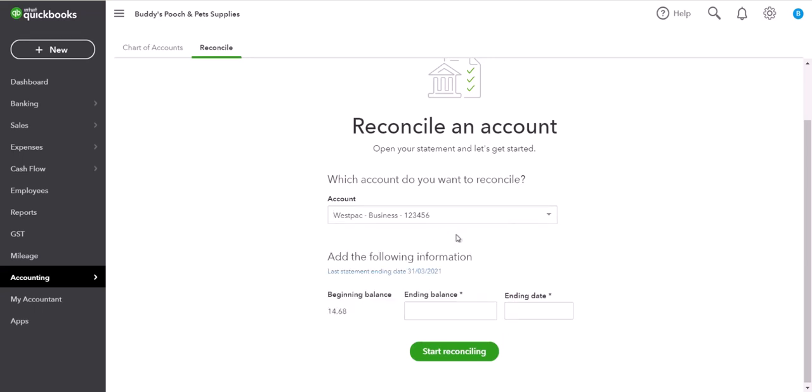It tells me that the last time we reconciled to this statement was the 31st of March 2021. So we are going to process a reconciliation for the whole entire month of April.